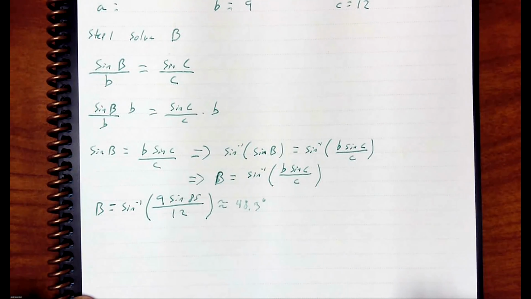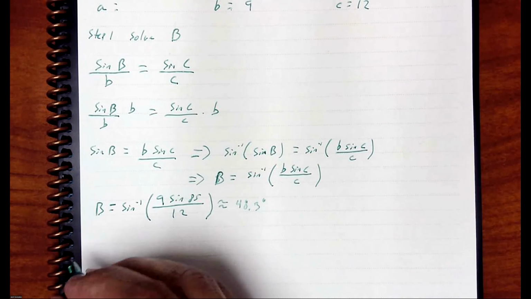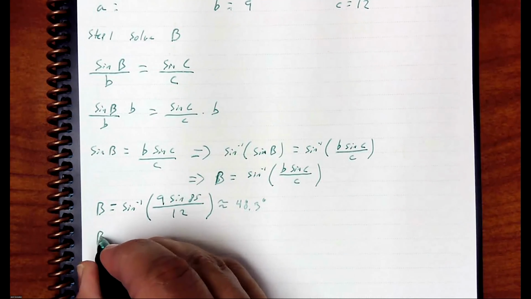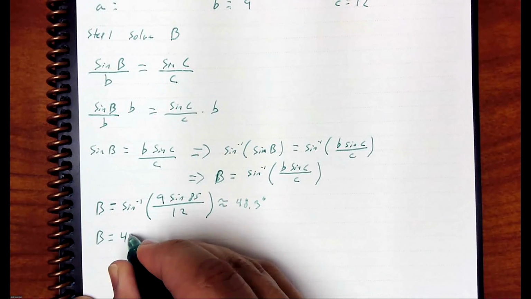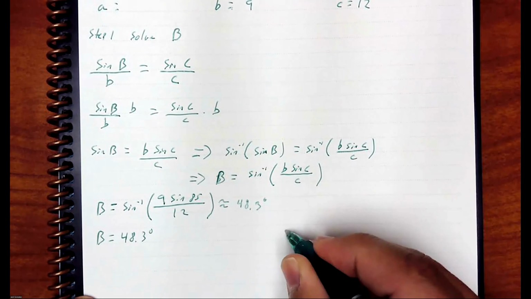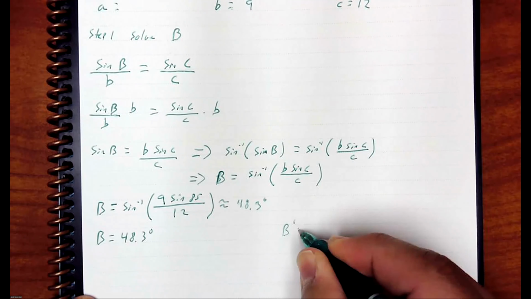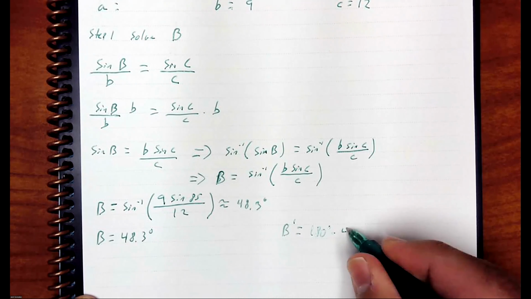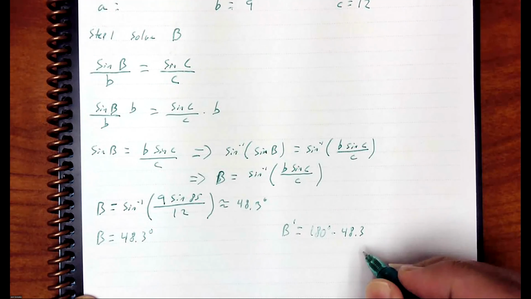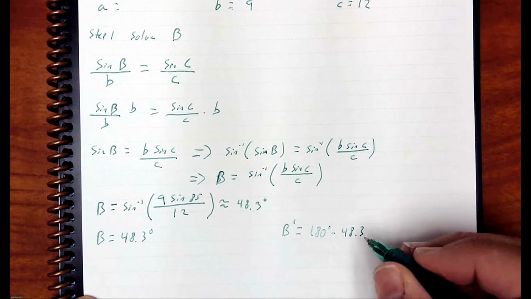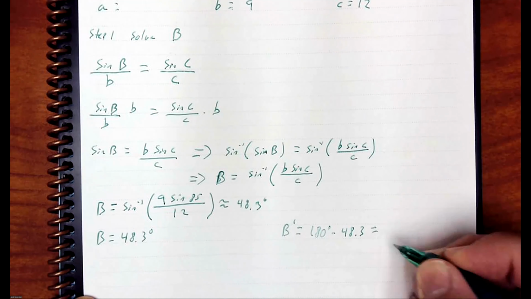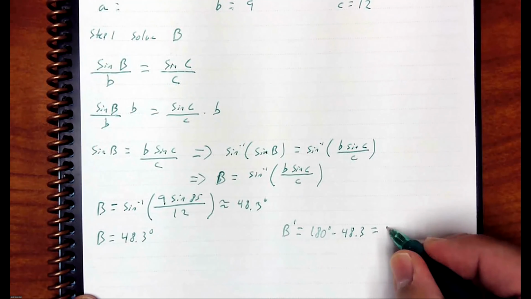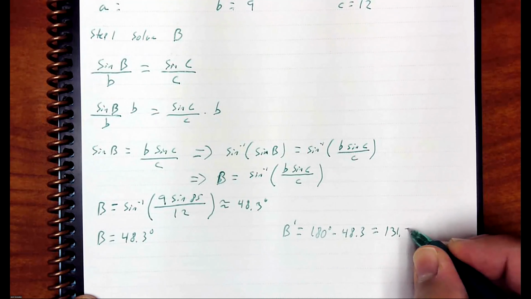So what we're going to do, I think the book calls it B prime. So B is 48.3. B prime is 180 minus that answer. Remember, that's what we did in the last test, we would subtract. So that's about 131.7.